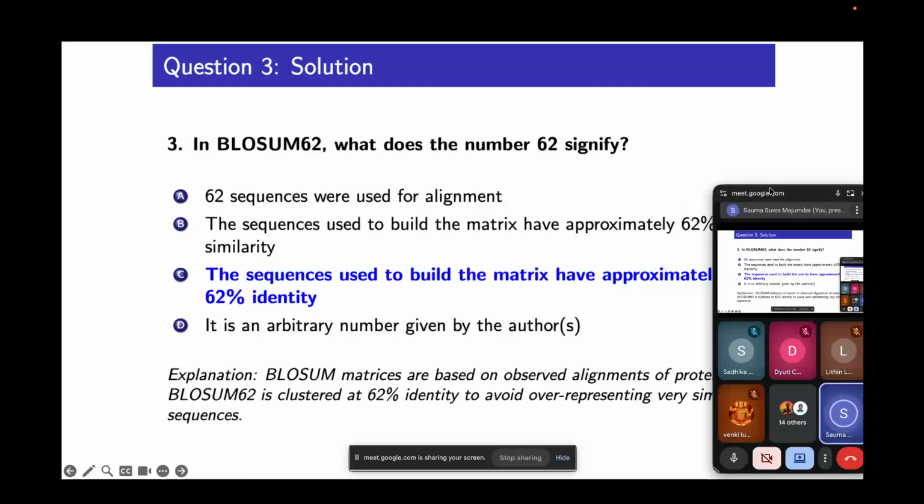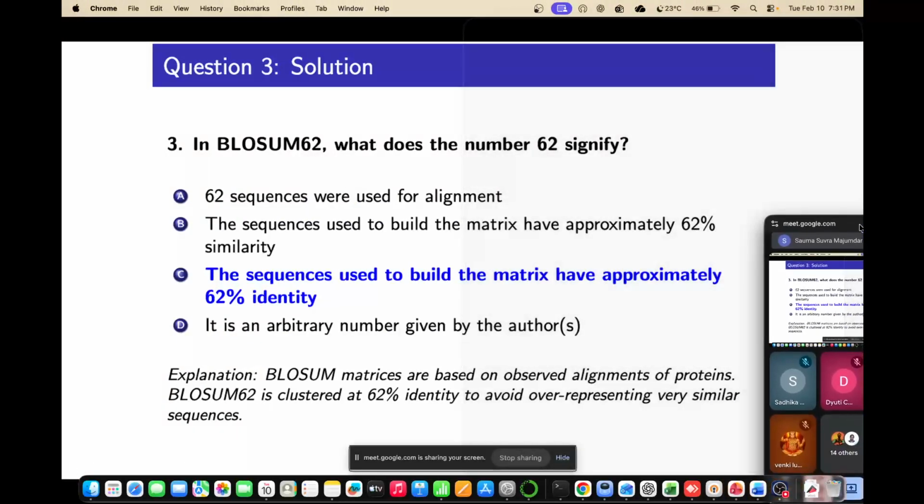Yeah, the answer is C. Basically, 62 represents 62% identity, which avoids over representing of very similar sequences. So if you take all the sequences that are very similar in nature and then you try to create a scoring matrix out of that, it is not going to go well because it is going to have a lot of bias.